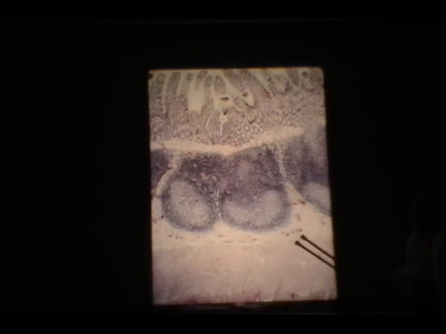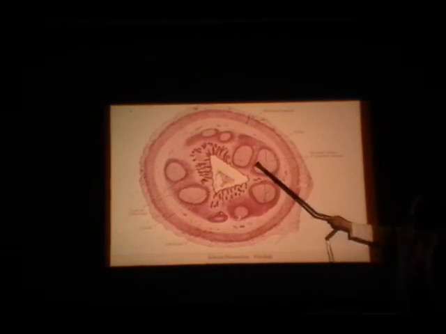Here we're into the ileum, and here are some Peyer's patches. Now remember that the jejunum has neither those Brunner's glands nor these structures. The next slide. This is a drawing of the appendix, and the important thing is the presence of lymphatic nodules all around the lumen.